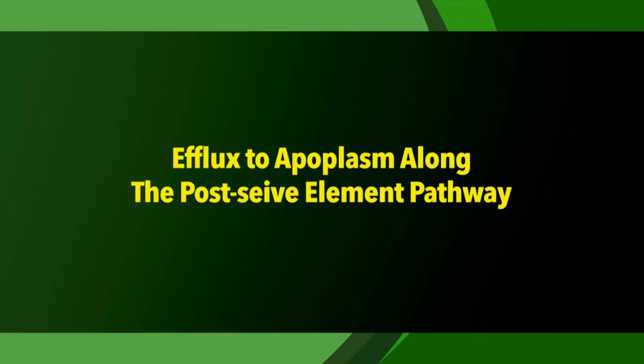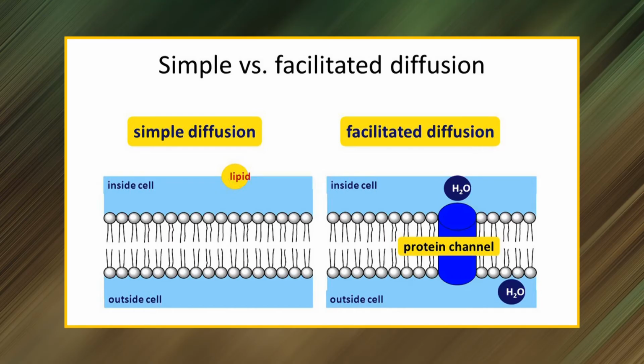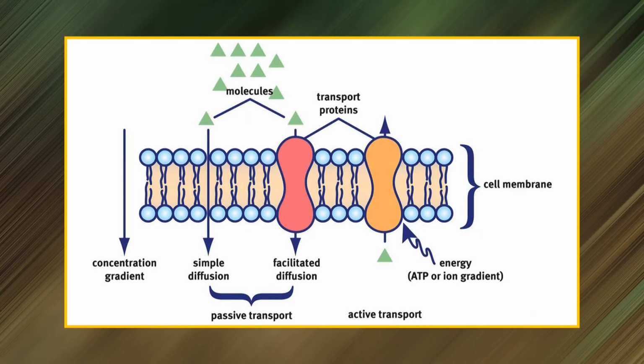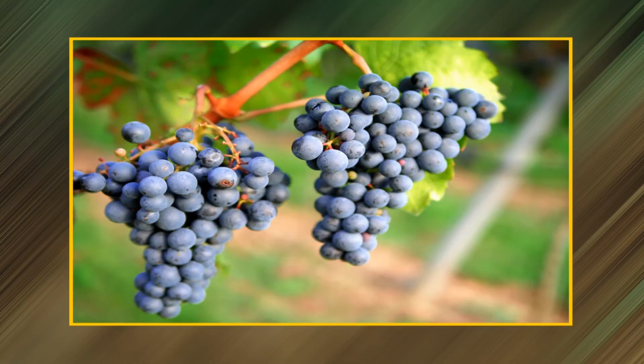Now let's understand the efflux to the epiplasm along the post-sieve element pathway. Evidence in support of simple or facilitated diffusion as well as energy coupled membrane transport has been reported for photoassimilate efflux from specific cell types located along the post-sieve element pathway. For tomato fruit and grape berries, the large transmembrane difference in sucrose concentration across the plasma membranes of the vascular parenchyma cells predicts rates of simple diffusion that are comparable to those observed.